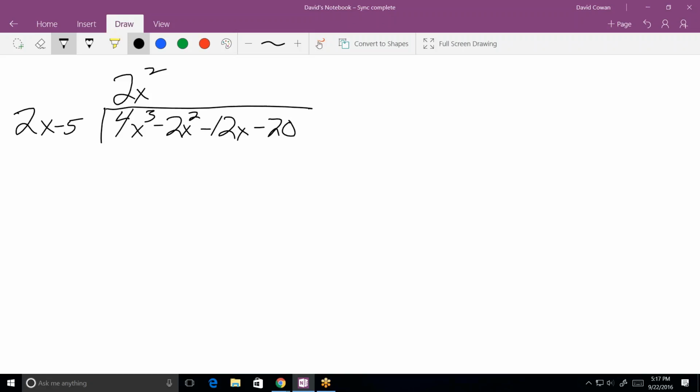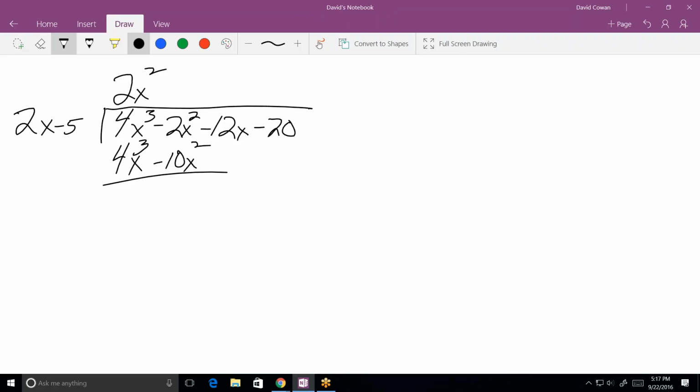2x squared. Okay. When you go to multiply it, remember we multiply the 2x squared by both terms. Make sure that first term is exactly the same. It always has to be. Now I'm going to subtract. What do I get? Negative 10x squared.